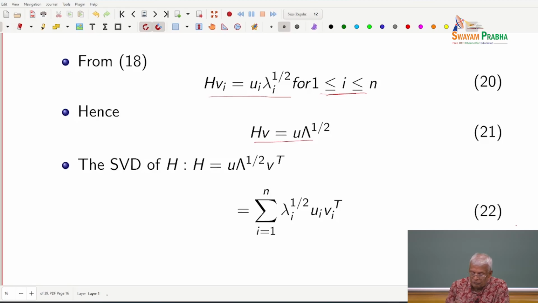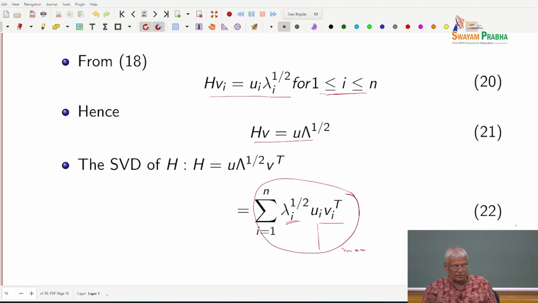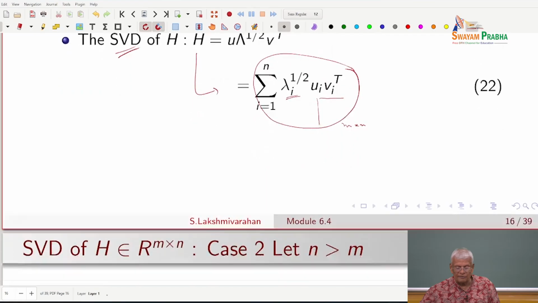This is simply an outer product matrix Ui Vi, an m by n matrix, multiplied by a scale factor square root of lambda i, which are the singular values of H, in a summation. So it's the weighted sum of outer product matrices. It is the additive decomposition of H, and that is the essence of SVD. I have already done this. I would like to be able to quickly recall the definitions in here.